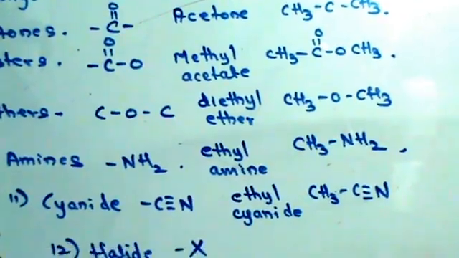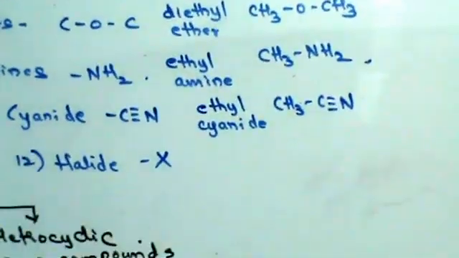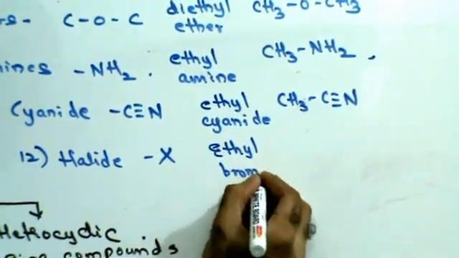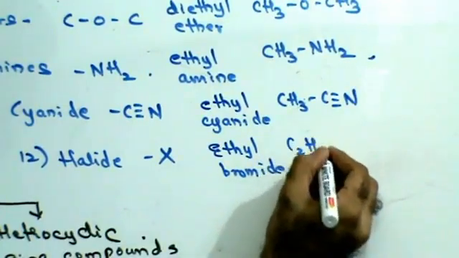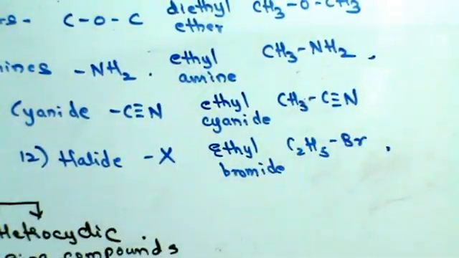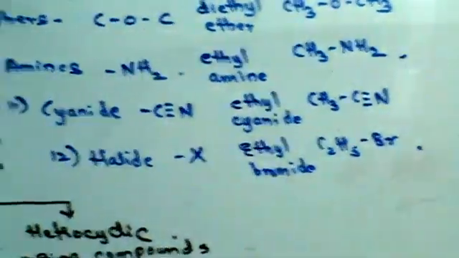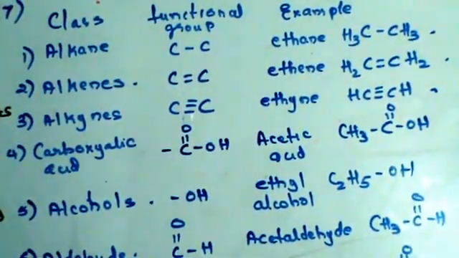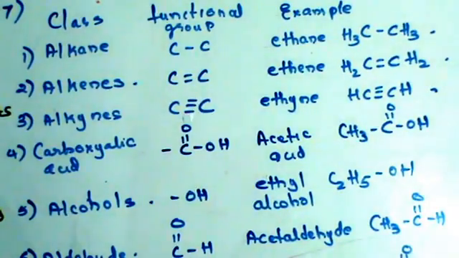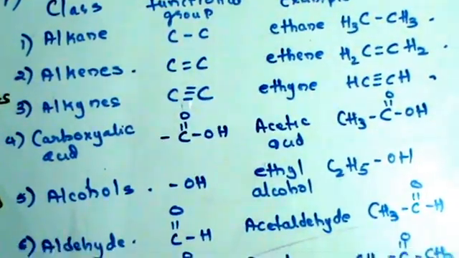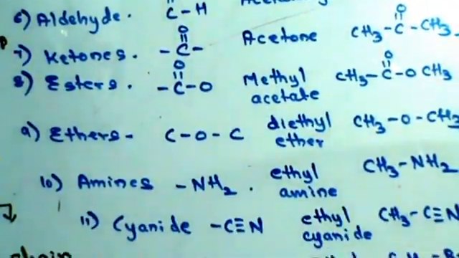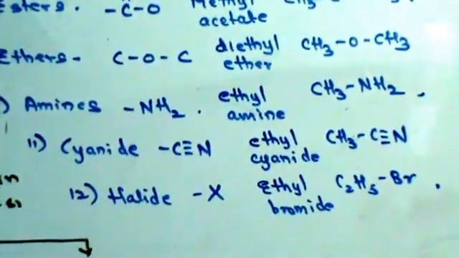That is X. Those are halogens, where you could have, for example, ethyl bromide, C2H5Br. Right, do we get this thing here? So these are all the functional groups that you can have: alkanes, alkenes, alkynes, carboxylic acids, alcohols, aldehydes, ketones, esters, ethers, amines, cyanides, and halides.